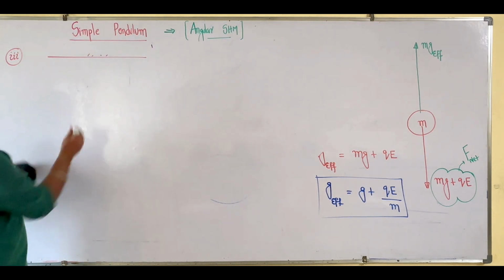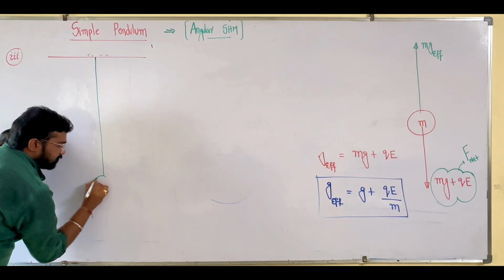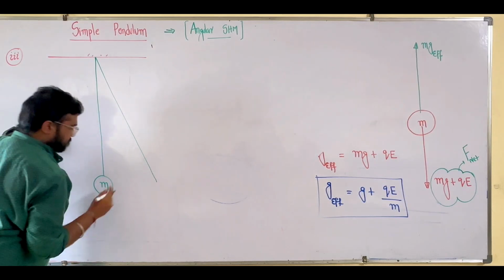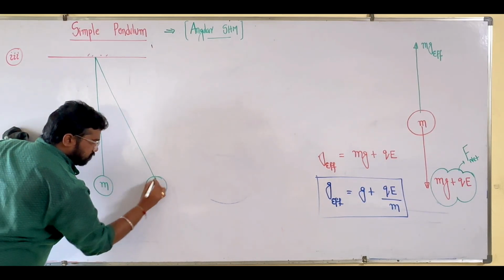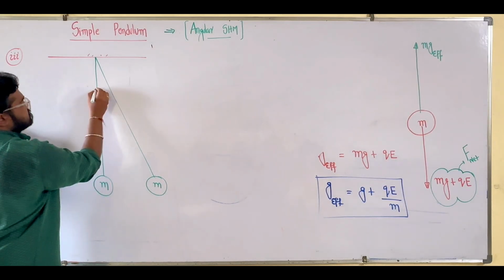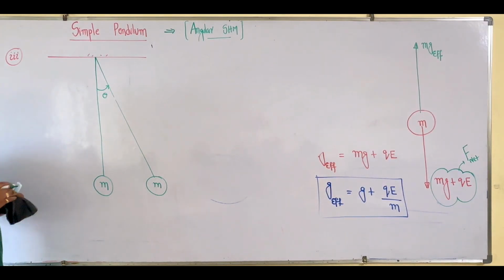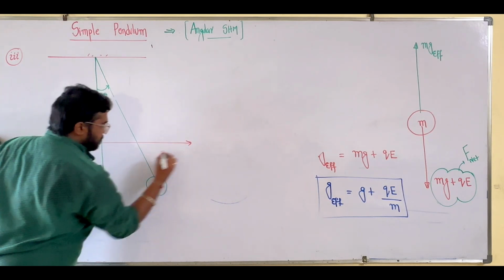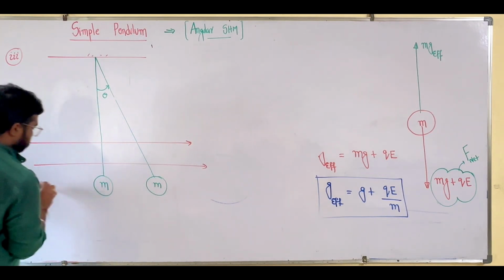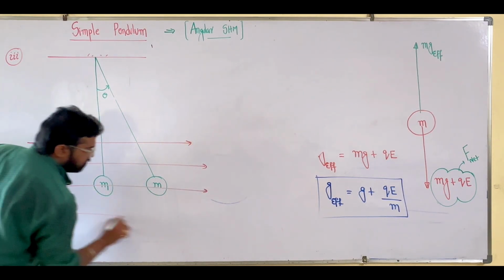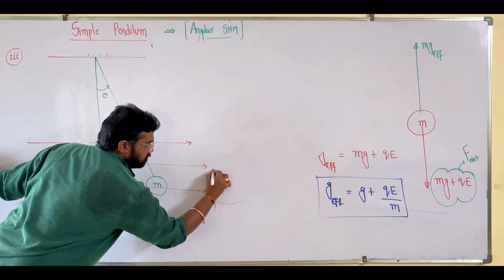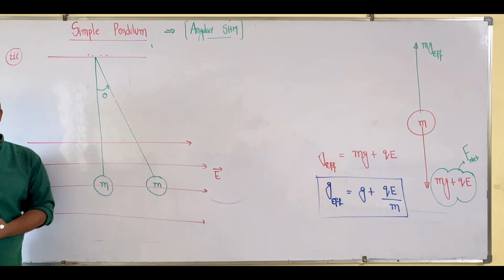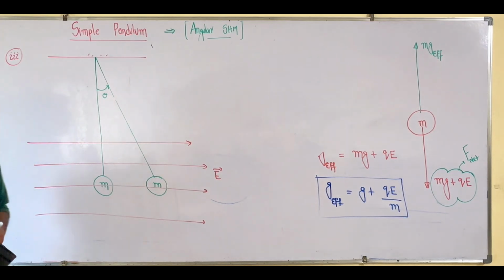Electric field is acting. Here to here, this is the bulb. We need to disturb it from here to here, through an angle theta. The electric field is uniform and acts in the horizontal direction towards the right. The entire simple pendulum is placed in the uniform electric field.